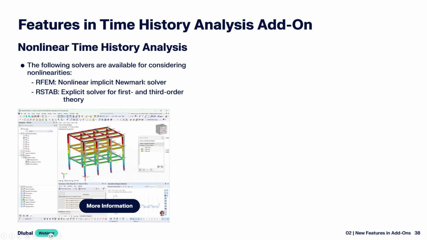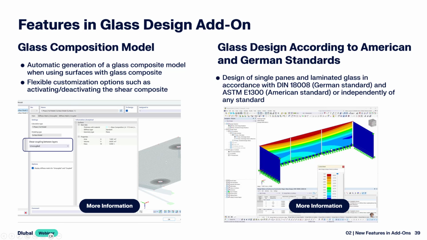Then new in the time history analysis add-on is the nonlinear time history analysis, where there are different solvers for RFEM and RSTAB. Then new in the glass design add-on, the glass composition model.